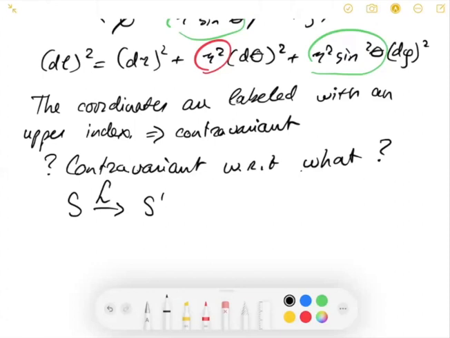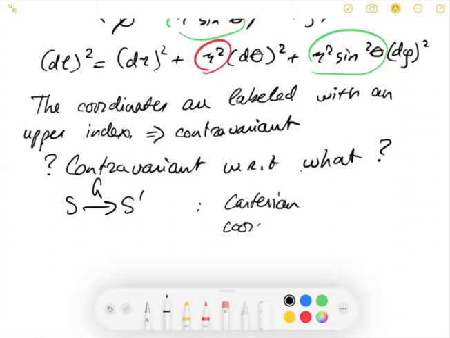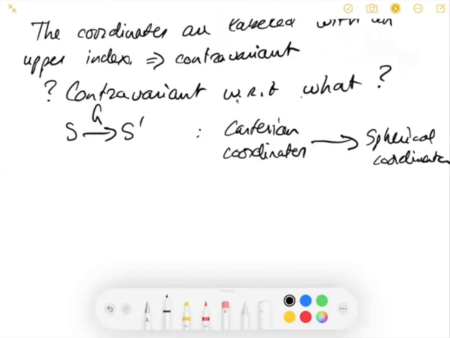So for instance, something that takes you from Cartesian coordinates to, let's say, spherical coordinates. Okay, so in that case, let's call this the primed coordinate system, x prime, and this is the original coordinate system.